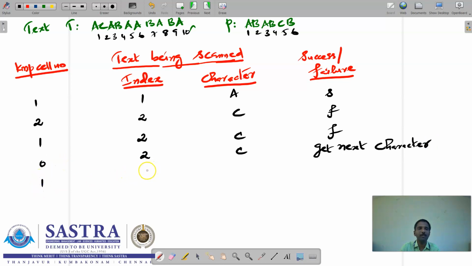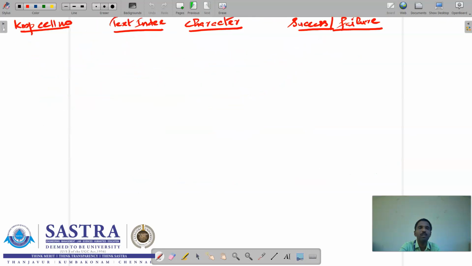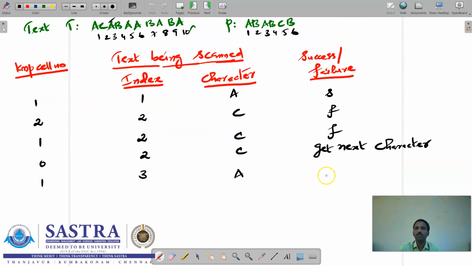Text index is incremented by 1, to 3. At the third index, in this text array, we have a character A. At cell number 1, we have a character A, so success, that is moved to cell number 2. Then the index is incremented, 3 plus 1, 4.